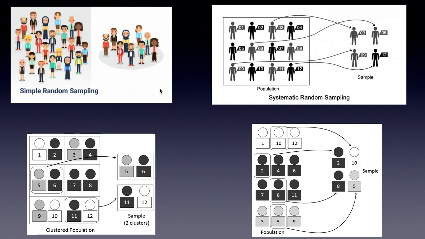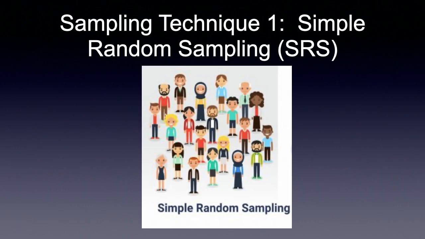So sampling is one way of coming up with a collection of data. Another way of coming up with a collection of data is through what is called designed experiments, and we'll be reading about that later in our textbook. So let's take a look at each one of these in their gory detail.